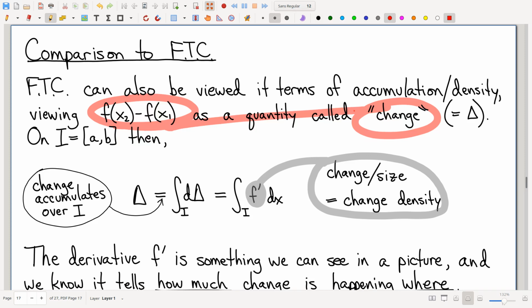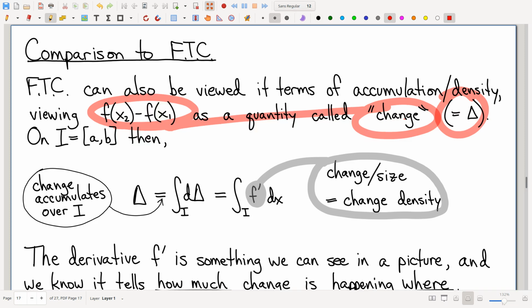On that interval, a given function f will change by a certain amount. I want us to view change, which I denote with the capital Greek letter delta, a pretty natural choice, as being, while it is on the one hand a formula, also, like circulation, a kind of stuff. It is an accumulating quantity.